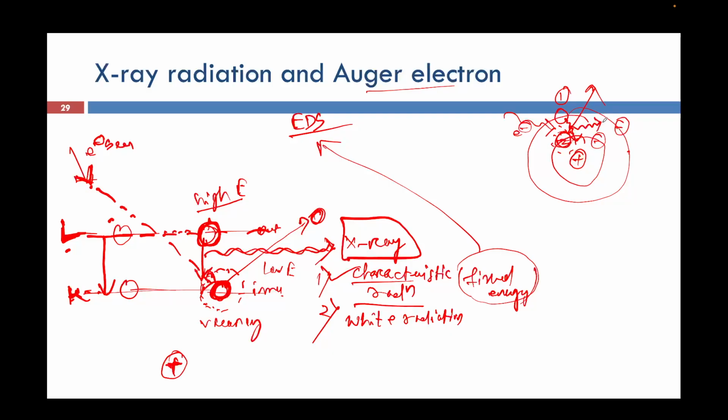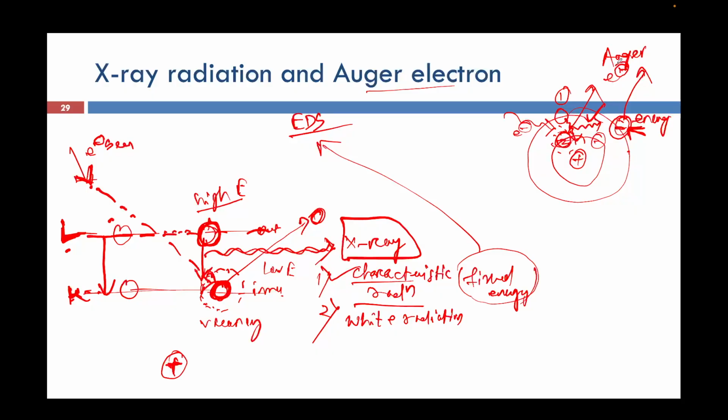Now this radiation also has some amount of energy. If it gives some energy to this outer shell electron, which I am denoting by an arrow here, then this outer shell electron will also get some energy. If it goes out, this is known as an Auger electron.